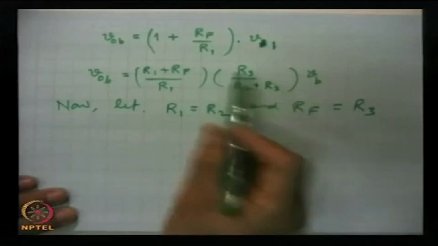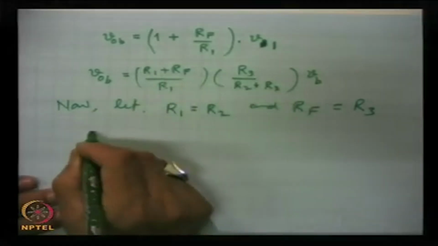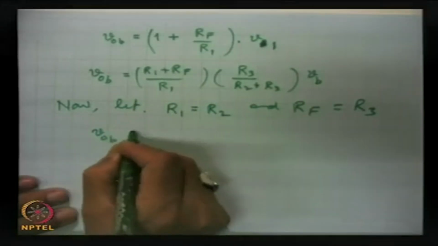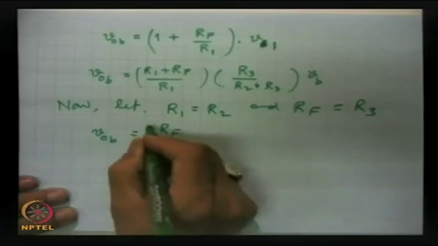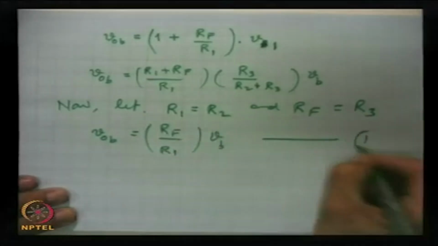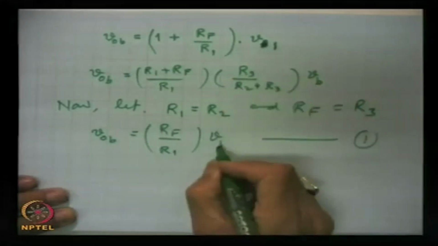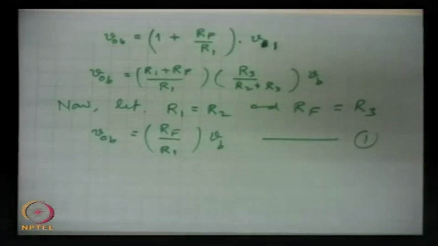Then when we substitute, this will cancel, and we are left with VOB equal to RF by R1 into VB. This is the contribution under this condition from the second input source VB.